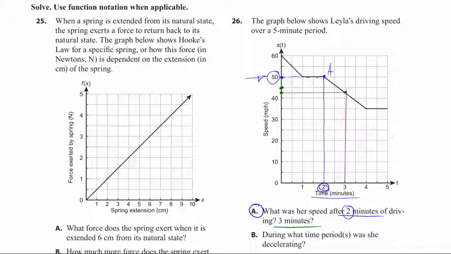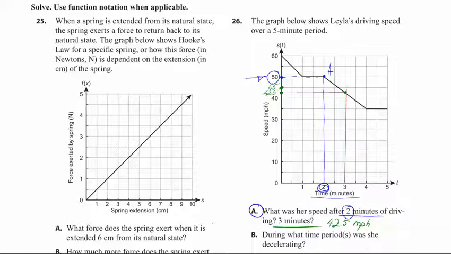Okay, that's about how many miles per hour? Well, here's 45. Halfway between 40 and 45 would be 42.5. 42.5 miles per hour, and that will be the answer, right? 42.5 miles per hour. Okay.